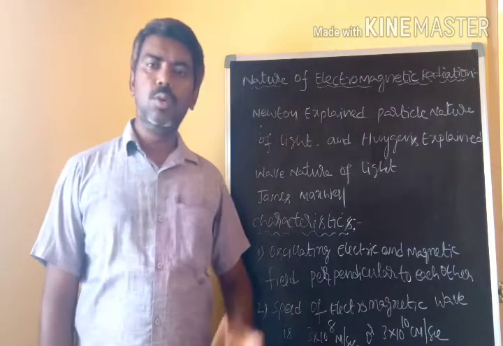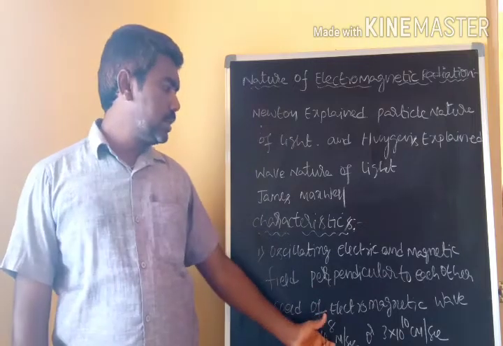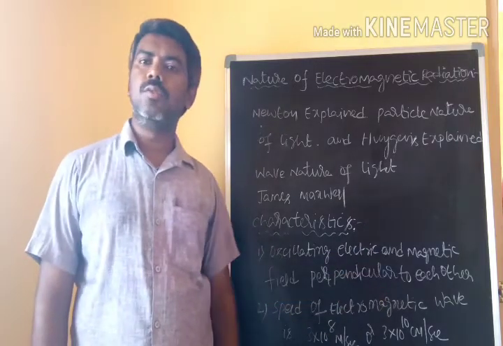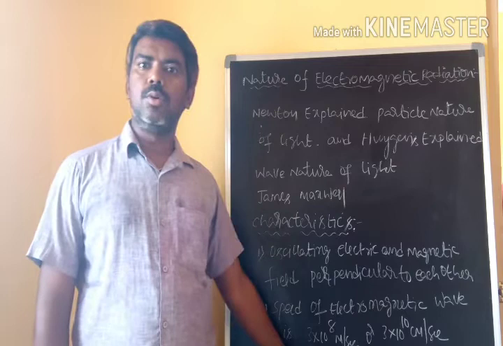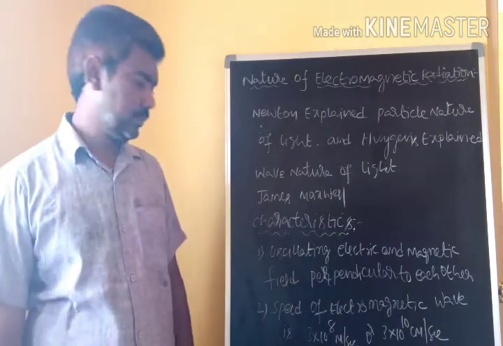This value is equal to the velocity of light. That means all electromagnetic radiations travel with a speed equal to the velocity of light.